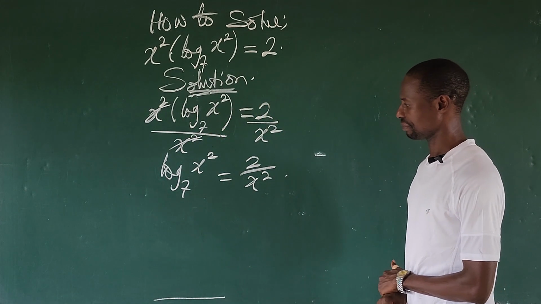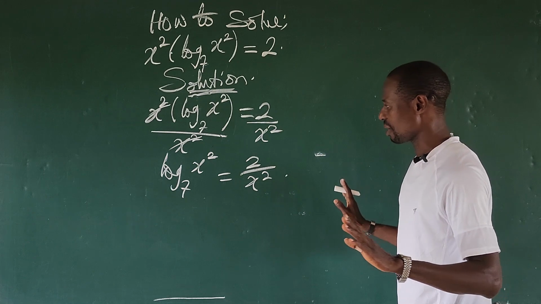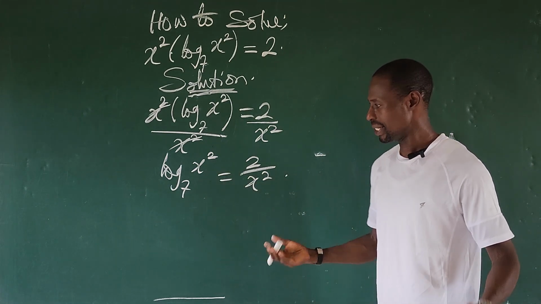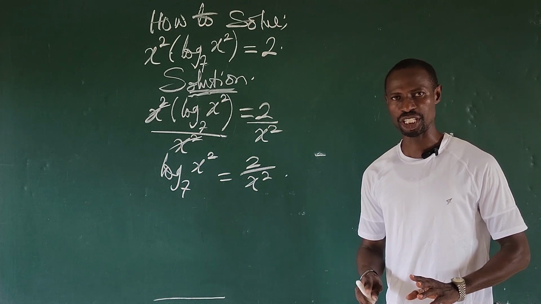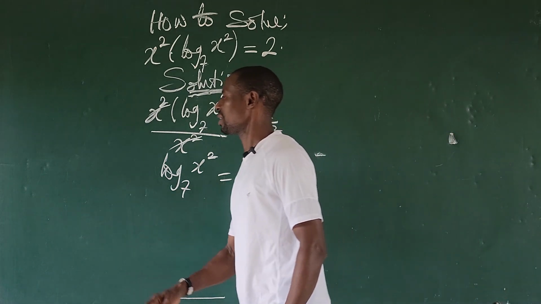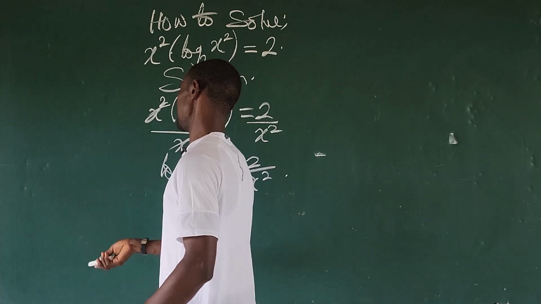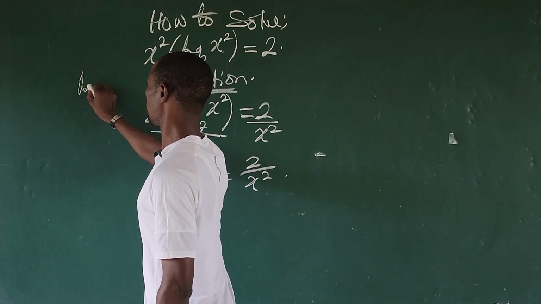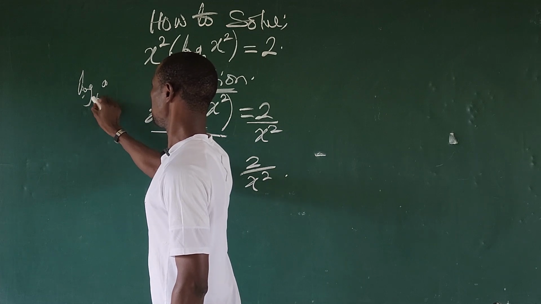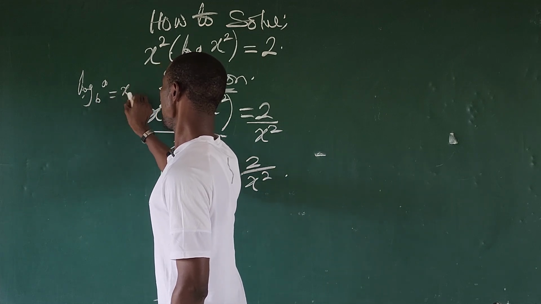Now we look at this. The only way out here is to convert this logarithmic equation to indices. We know there is a strong relationship between indices and logarithm, right? Let's take for instance, you have log a base b equal to x.